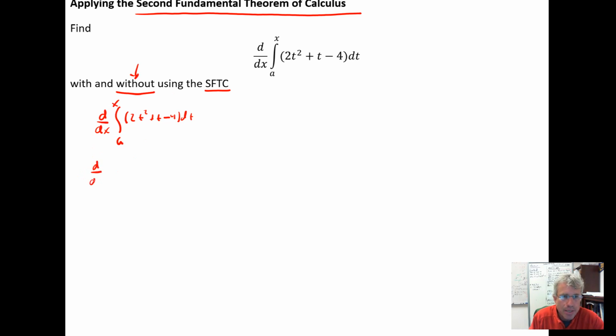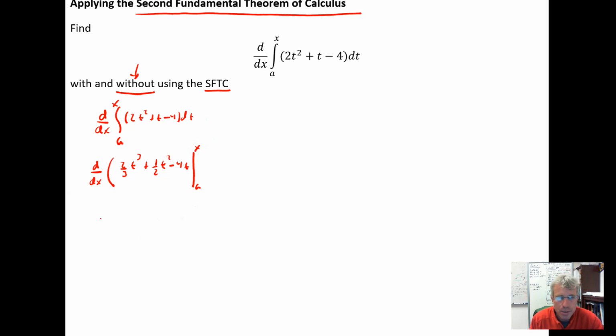So we would get d dx of 2/3 t cubed plus a half of t squared minus 4 times t, and we would evaluate this from a to x.